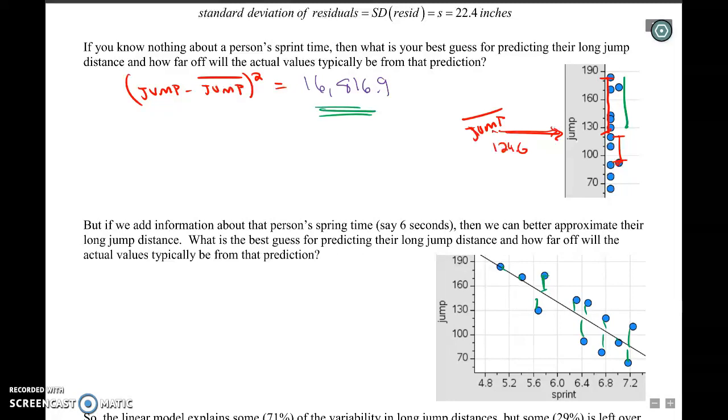Well, to do that, I'd want to know the difference between these values, which is my jump actual minus my jump predicted, which is my residual. And then to be consistent with this squaring so we don't cancel out our values, let's square those residuals and add them all up, just like I did up here. So I want to find my residuals, square them, and add them up.